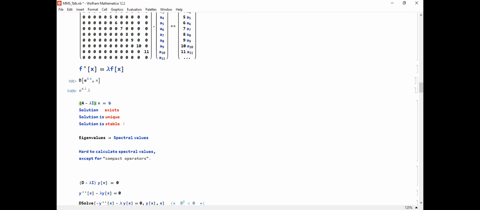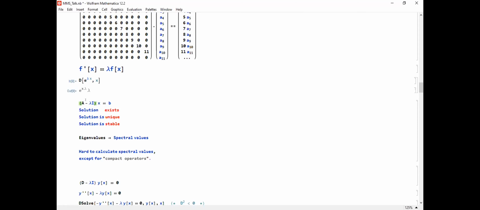Now, it just happens that in finite dimensions, with finite matrices like this, these three things go together. Either a matrix has solutions which are unique and stable, or it doesn't. But in infinite dimensions, these three things are different concepts. So let's call them not eigenvalues anymore, but spectral values.